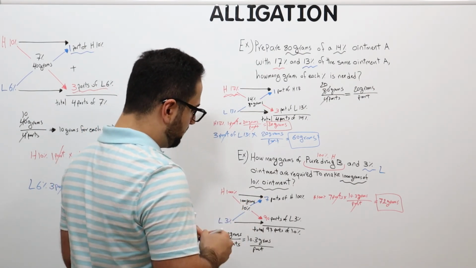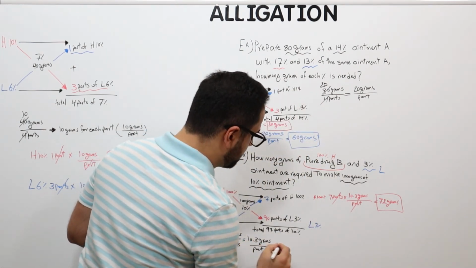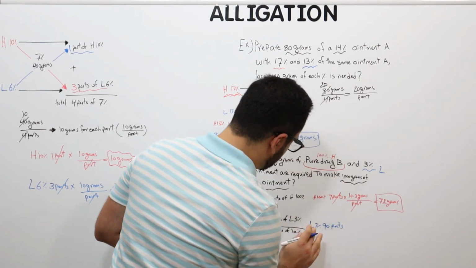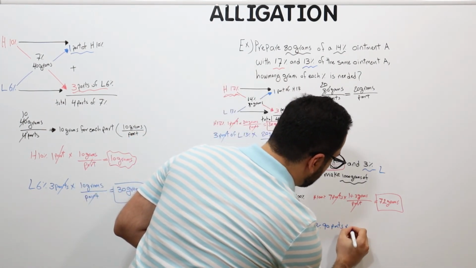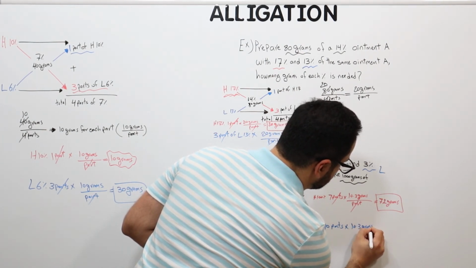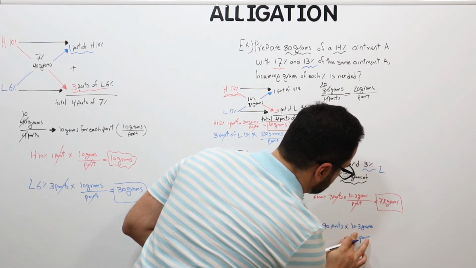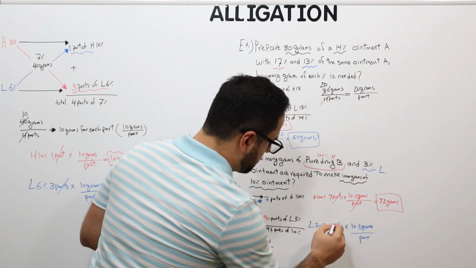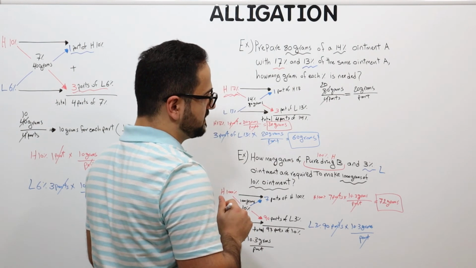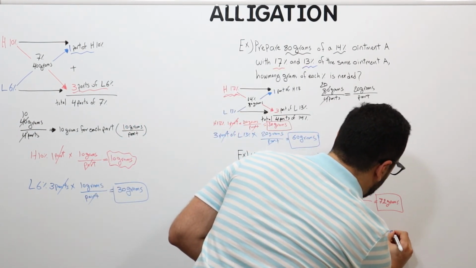Now let's move into the low. For the low, which is 3%, we have 90 parts. Multiplying this by 10.3 grams per part, taking part with part, 90 times 10.3 grams is going to be 928.